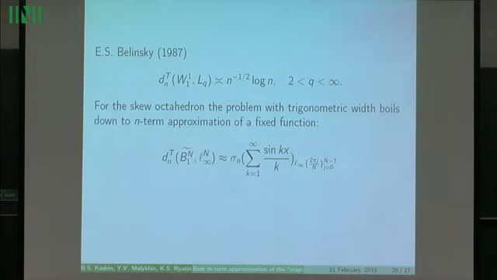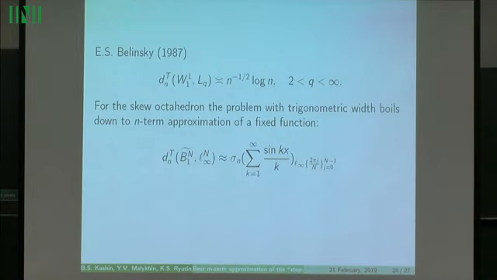So it was Belinsky, I think, who showed that the problem with estimation of Kolmogorov widths of this class W11 in LQ, which we are dealing with, can be solved if we consider, instead of the Kolmogorov width, the case of this trigonometric width. And in this case, he obtained the order of decay. It's written here. It's n to the power minus 1/2 log n.